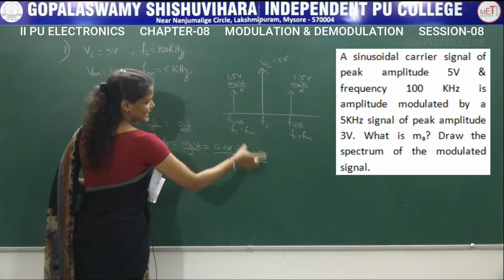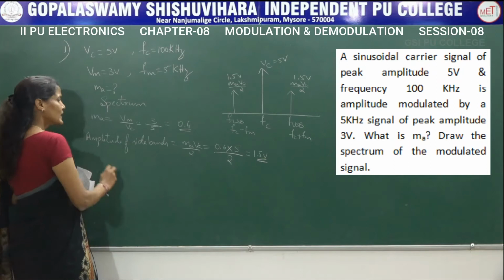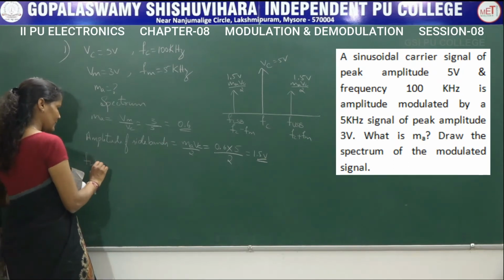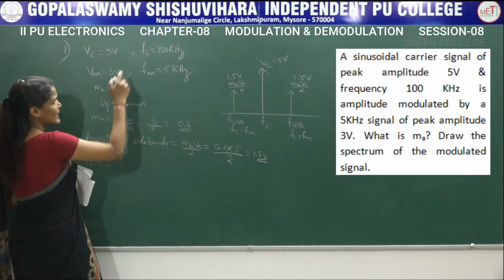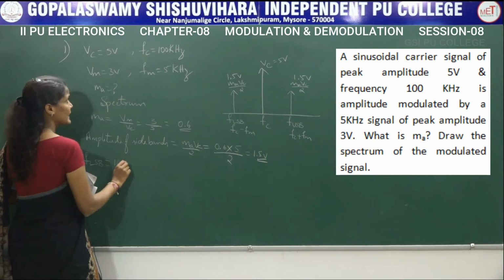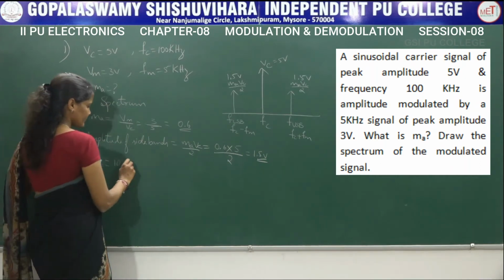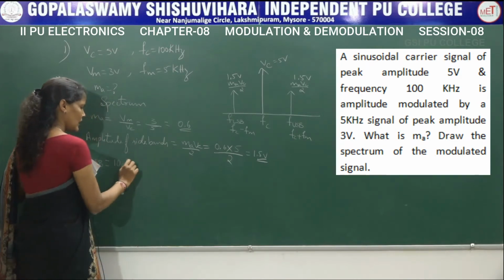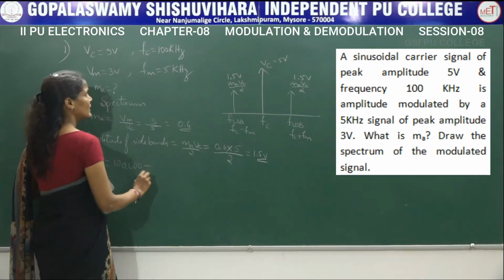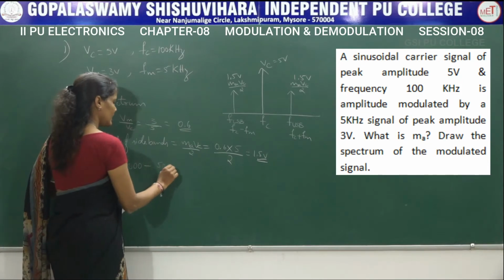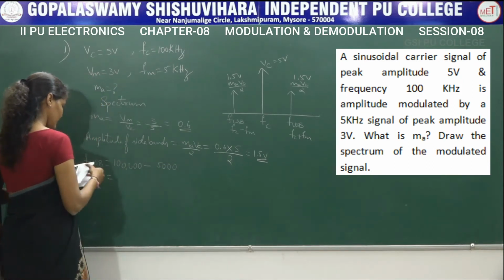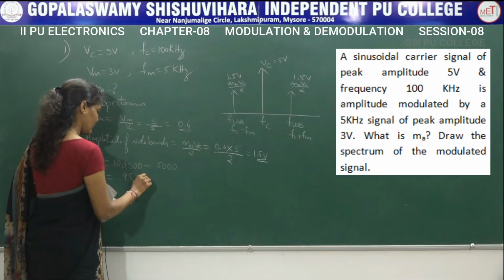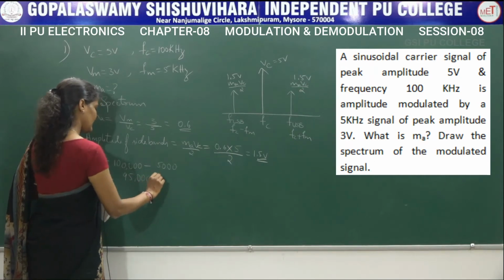The only thing left is the frequency. So FLSB equals Fc minus Fm, that is 100 kilohertz minus 5 kilohertz, which gives 95 kilohertz, or 95,000 hertz.